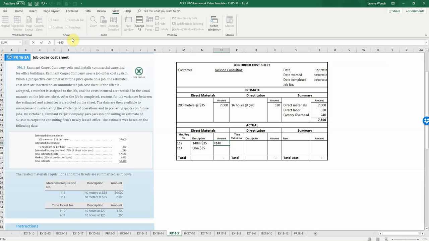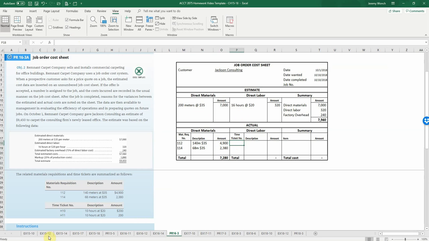So 140 times 35 and 68 times 35. They estimated $7,000 in materials, but it actually cost them $280 more.